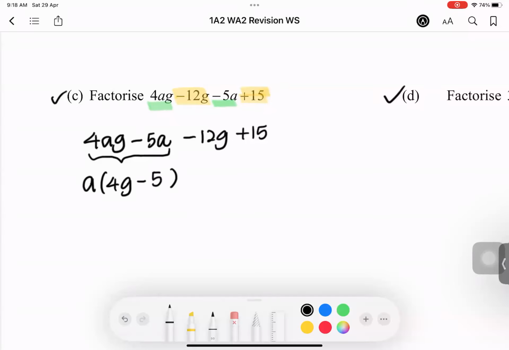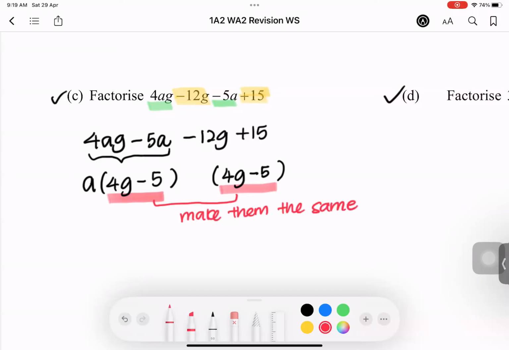Yes, very good. In this case, remember, if this is 4G minus 5, I will try to also get the same bracket, 4G minus 5, at the back. I must try to make them the same.